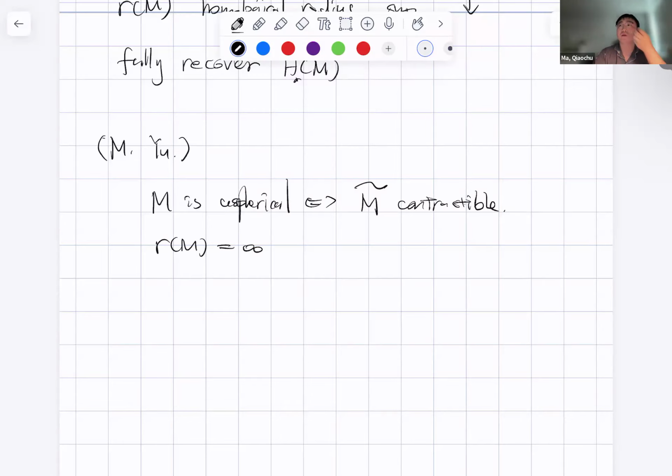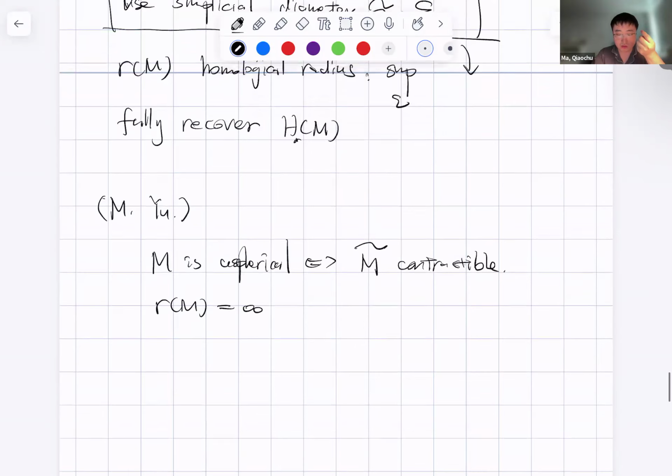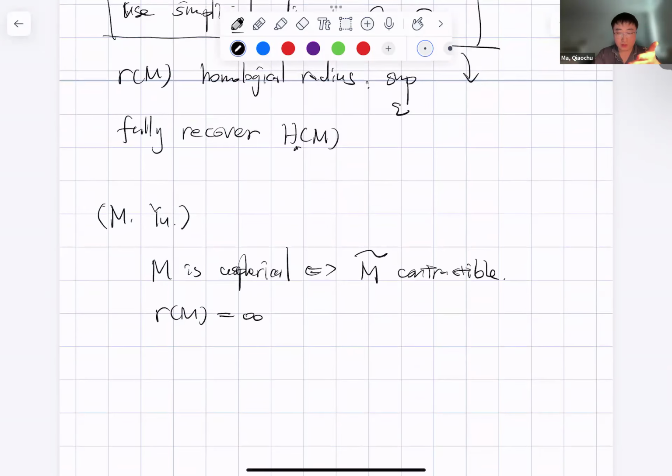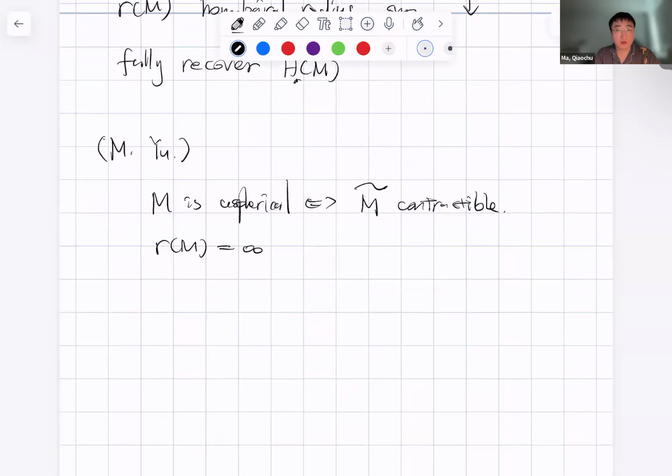And no matter how big this epsilon, you use the triangle, how big it is, you use to detect the topological information of this manifold, you can fully recover the homology. So because it's infinity, we can remove this parameter.